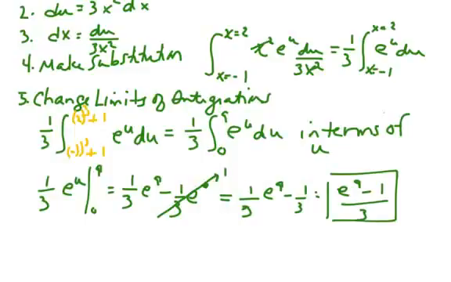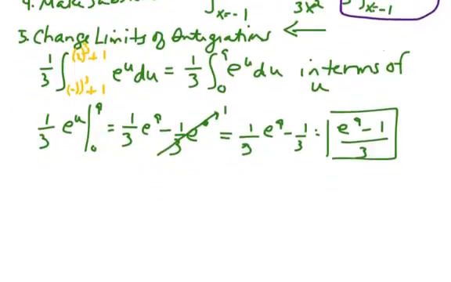The other approach you could have taken is right here where we actually changed the limits of integration. What you could have done instead was to continue evaluating this in terms of u, but then back substituting for u in terms of x.